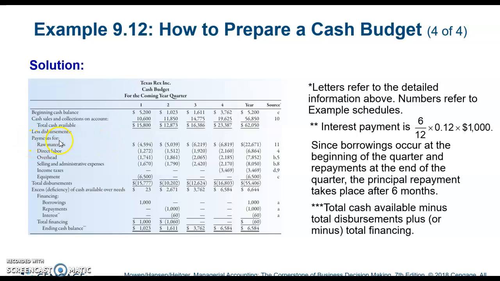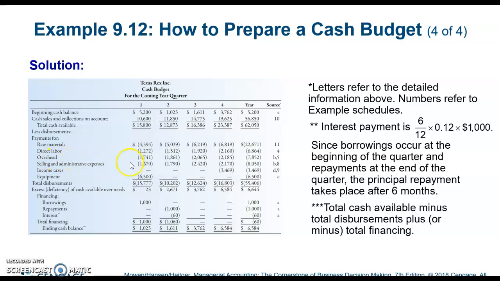Then we're going to show the payments for raw materials, $45.94, that we calculated out in a previous slide. Plus we need cash for direct labor for the first quarter. That came from the direct labor budget that we did previously.